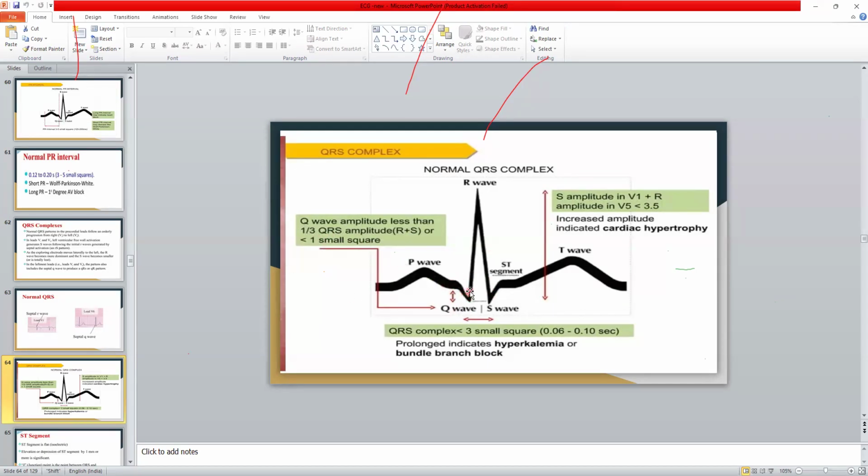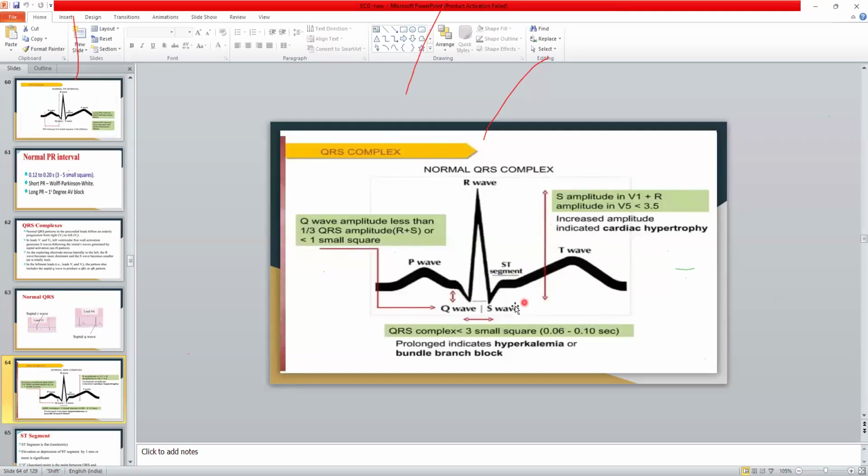That is the Q wave. This Q wave in the QRS complex should be less than 1/3 of the amplitude of the R and S. You can take it from the R to the S. It should be less than 1/3.